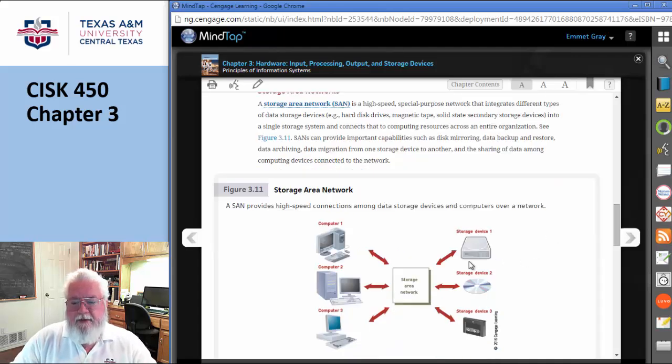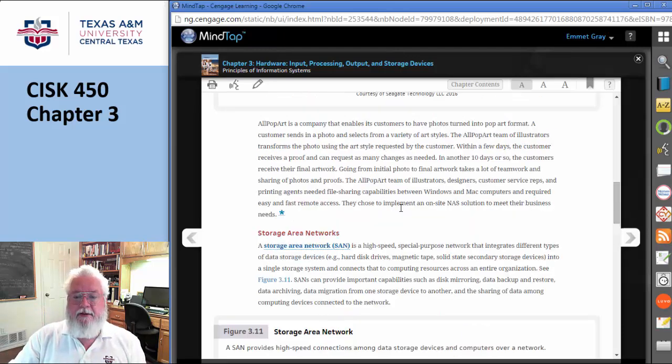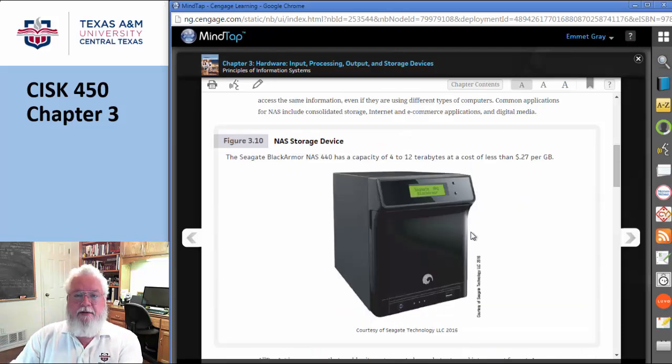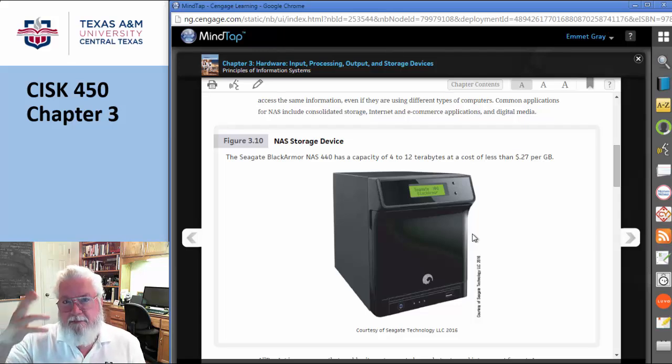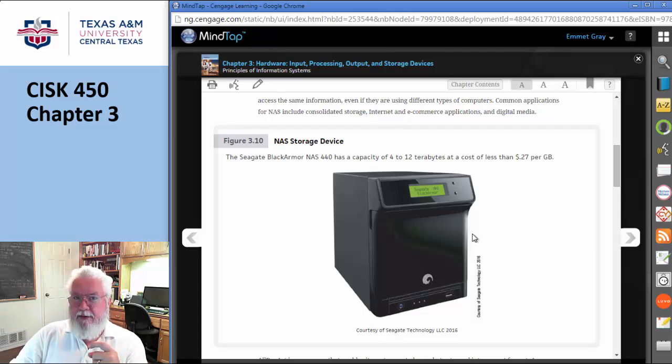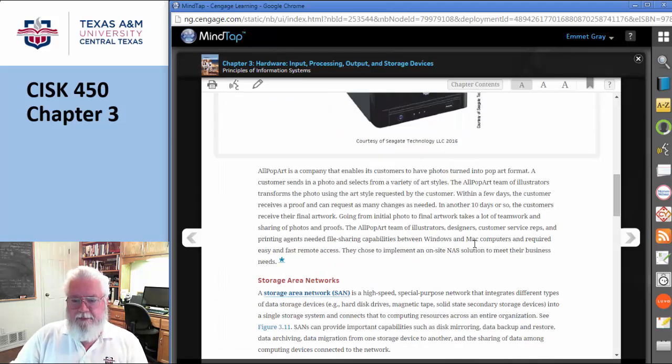What happens is I have a device, typically a server, and the server itself is connected to the network, but the server is connected to, and the boxes look the same, by the way. If you saw one of these things, you wouldn't really be able to tell if it was a NAS box or a SAN box until you spun it around and saw what kind of connector was on the back, okay? If it was a network connector, it's network attached storage.